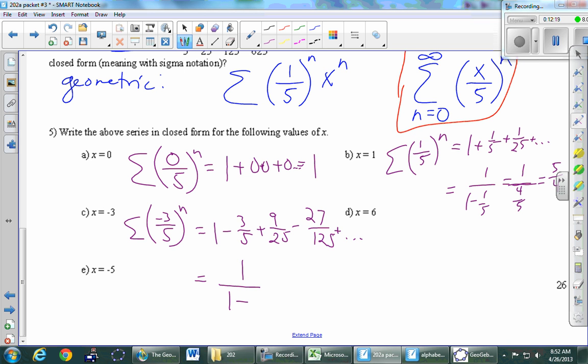It's -3 fifths. So that's going to turn into a plus downstairs. One over 8 fifths, which is 5 eighths. Great.